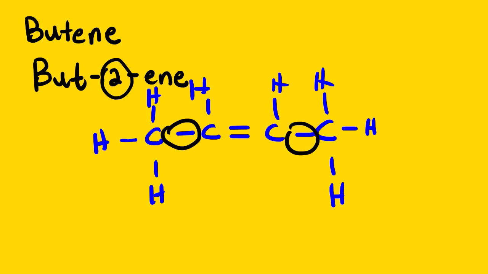Doesn't matter if you count from this direction or this direction. Then you can see if we want the molecular formula, it would be C4. Remember that for butane, we have 4 carbons. Then you can use that equation. It will be 2 multiplied by 4. Then we're going to have 8.